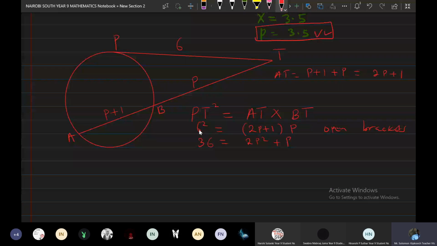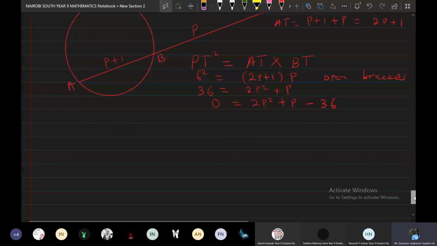Good. Now, we want to rearrange in the manner a quadratic equation looks. So I can take this to the right. I'll have 0 equals 2p squared plus p minus 36. Like that.